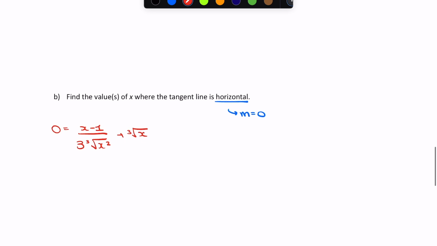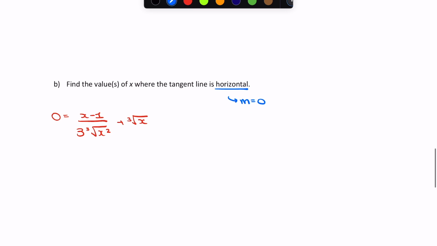And if we move one of these functions to the other side, so we'll move the cube root of x to the other side, we have negative cube root of x, and this is all over 1, is equal to x minus 1 over 3 times the cube root of x squared. And here we can simply just cross multiply.